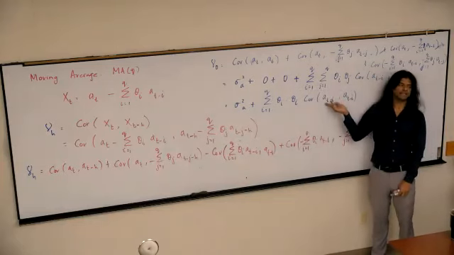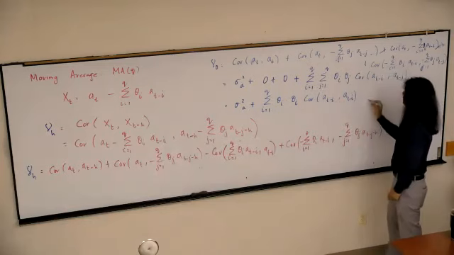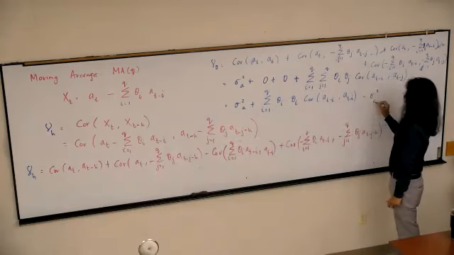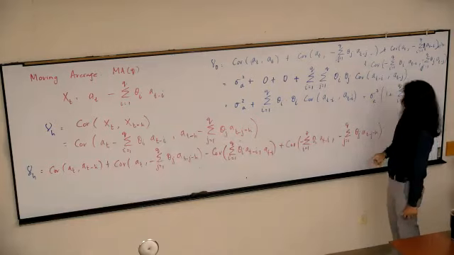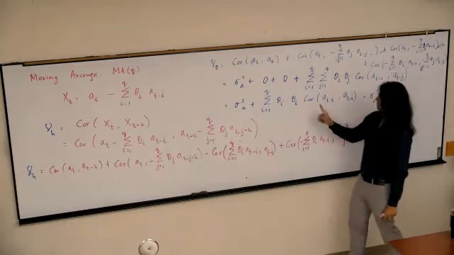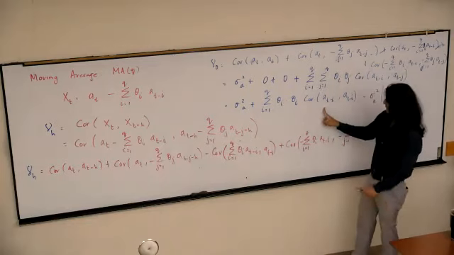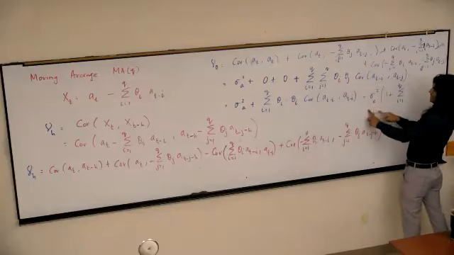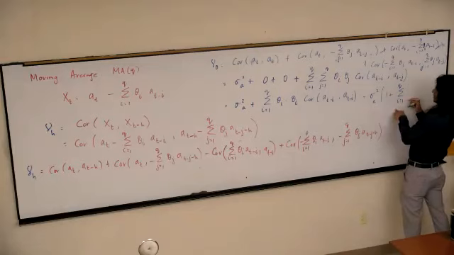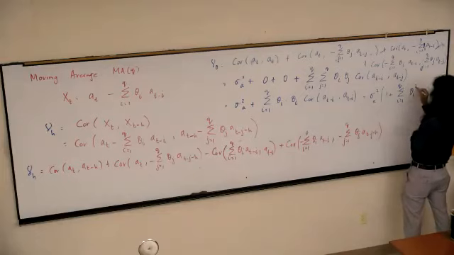Now we know what that is, right? That is sigma squared a. There is a sigma squared a here, sigma squared a there. I'm pulling it out: 1 plus sum i equals 1 to q of theta i squared.